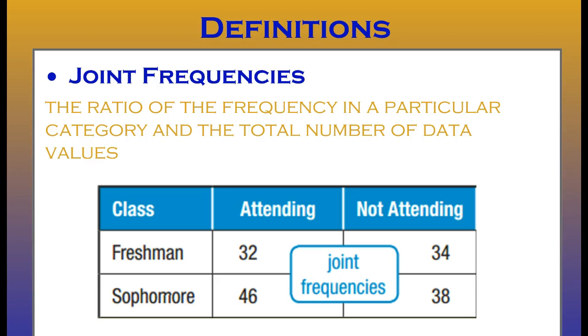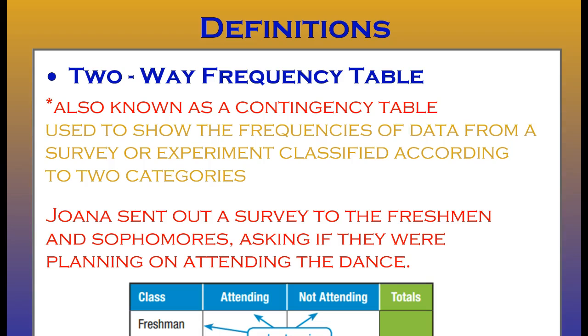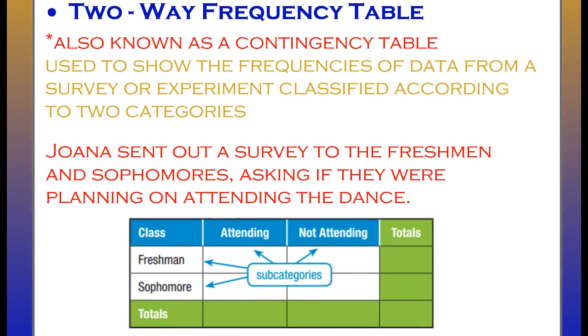So a couple more definitions for you. The joint frequency is the ratio of the frequency in a particular category and the total number of data values. So the joint frequencies occur here in the middle. Going back to the previous slide, the joint frequencies are the white portion in here.